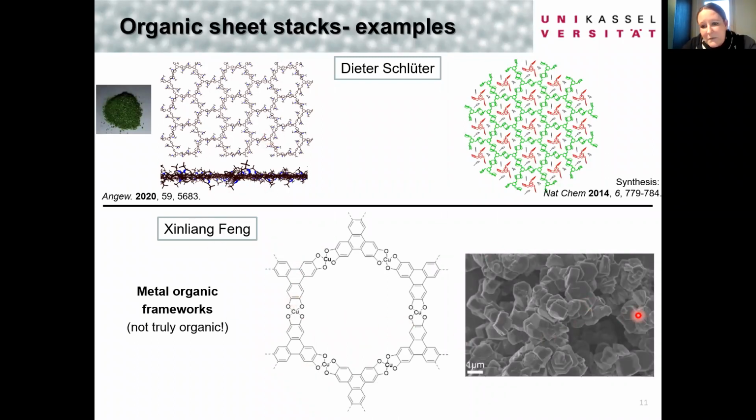In the SEM image, you can also see that it's a layered structure. But this is now a so-called metal-organic framework, so it's a coordination compound. Here you would have copper centers attached to these ligands, which are organic moieties, and the way this is built up again is a sheet stack.